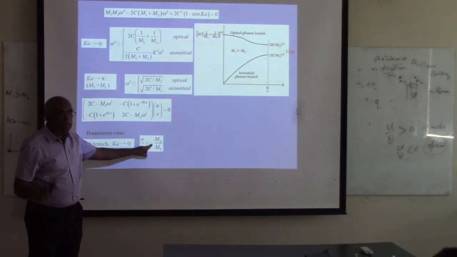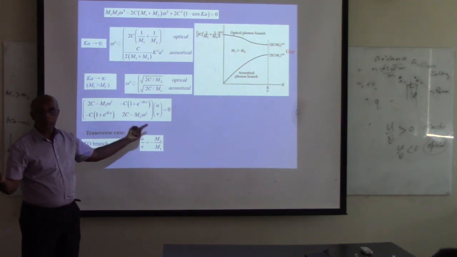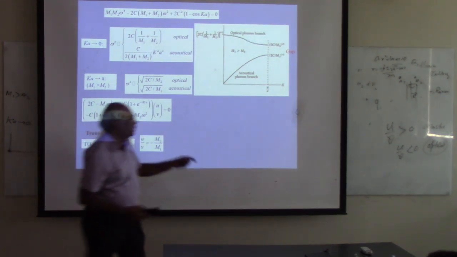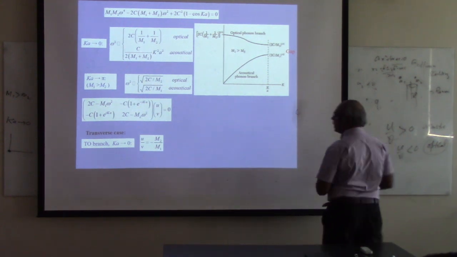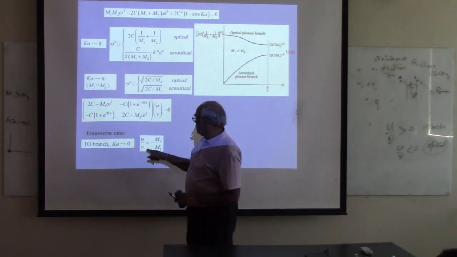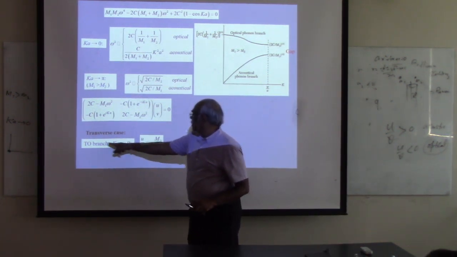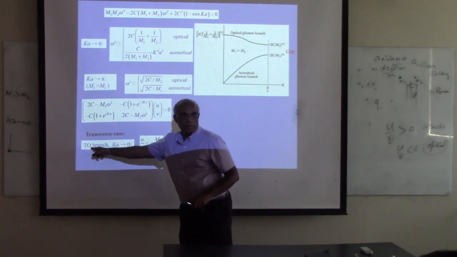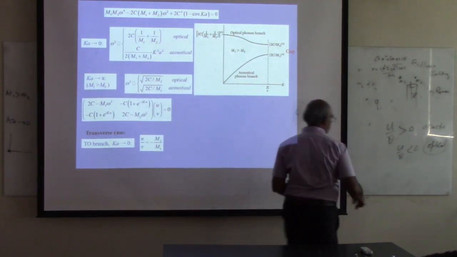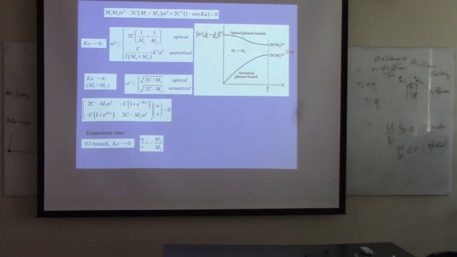Negative means they are optical, not acoustic. Then I will also explain what transverse and longitudinal are.